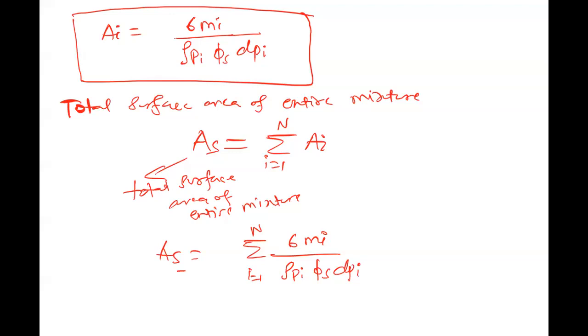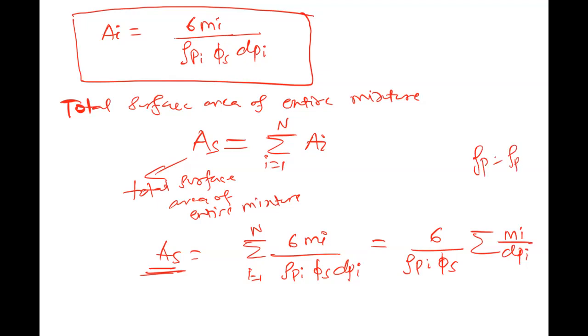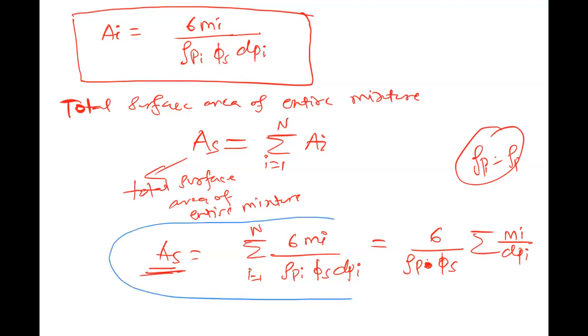So this is the total surface area of the entire mixture. Here you can take common 6 by rho_p phi_s, summation m_i by d_pi. Obviously rho_p equal to rho_pi equal to rho. Just tell me whether this part is clear or not.